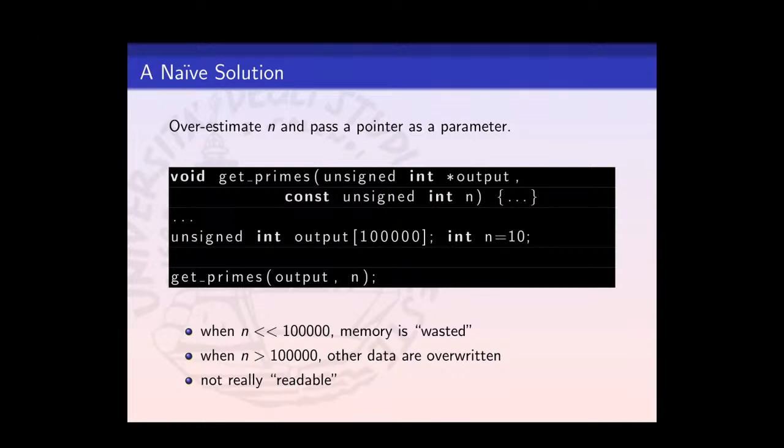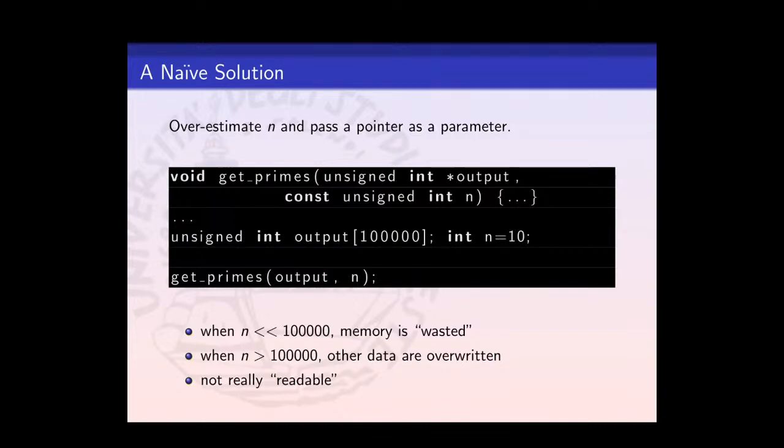Otherwise, if the number n is greater than 100,000, I'm basically performing a nasty operation, because I'm using a memory location which is not reserved to store prime numbers.